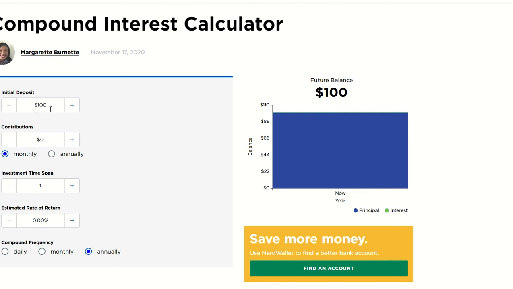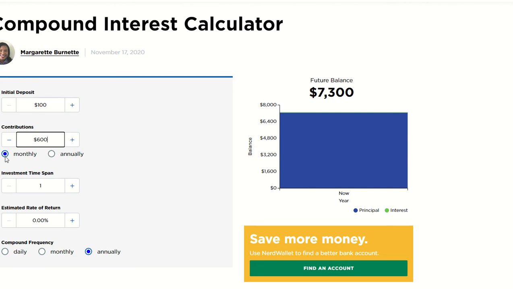All right. Remember, we're trying to see how do you turn $600 into $1,000,000. Let's start off with $100 in the bank right there. $100. That's not a lot at all. Also pay attention, simultaneously look at the left, look at this chart on the right, and see how it changes. Let's do where it says contributions, let's bump this up to $600 monthly.